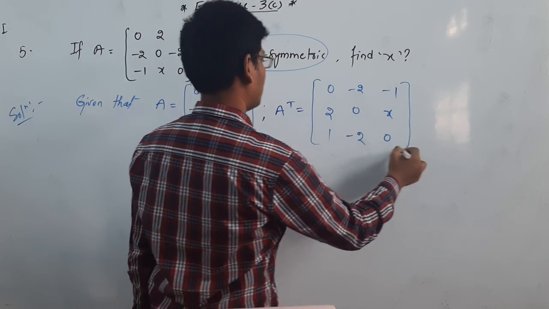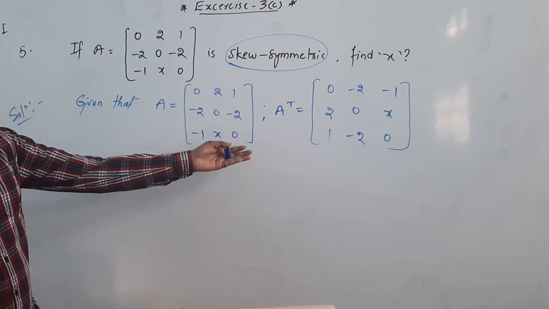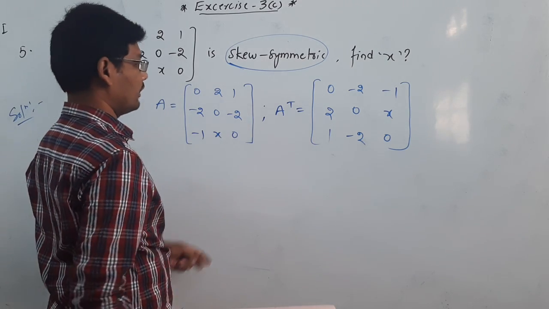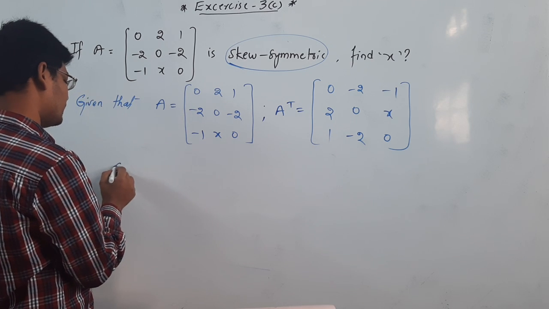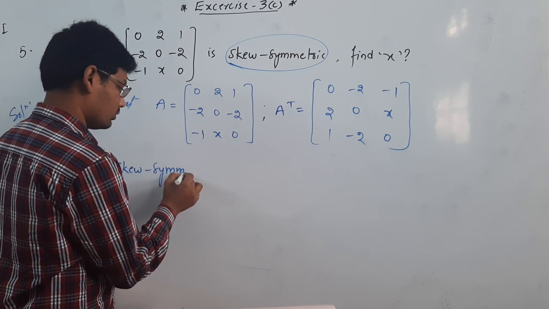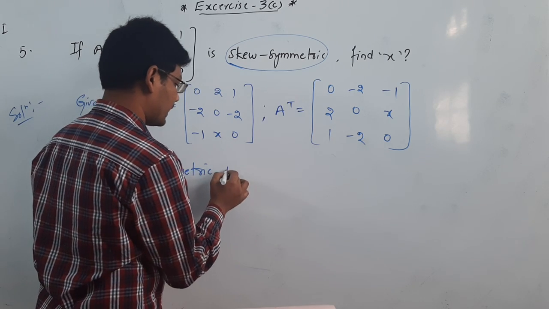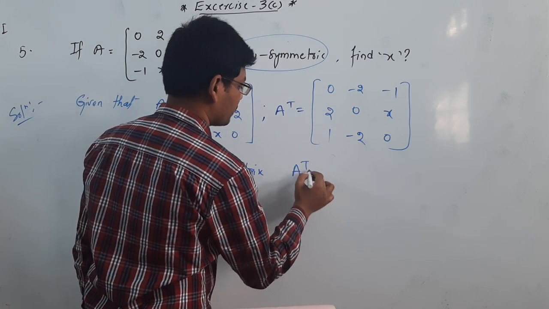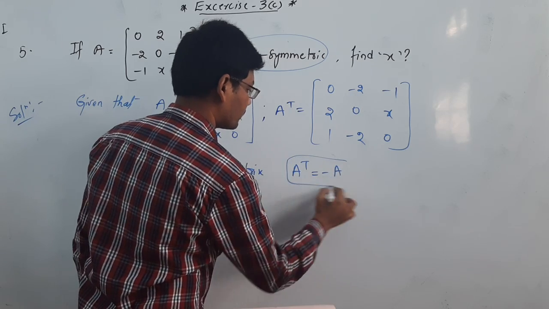If you observe this one, A transpose is equal to minus A. This is a skew symmetric matrix.